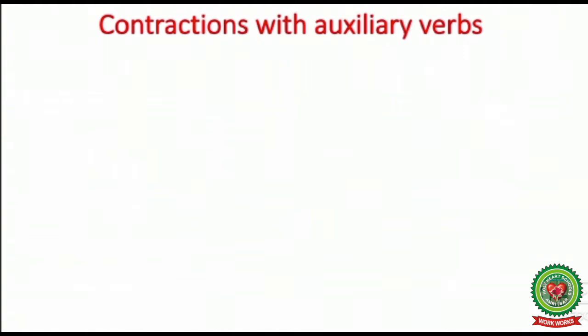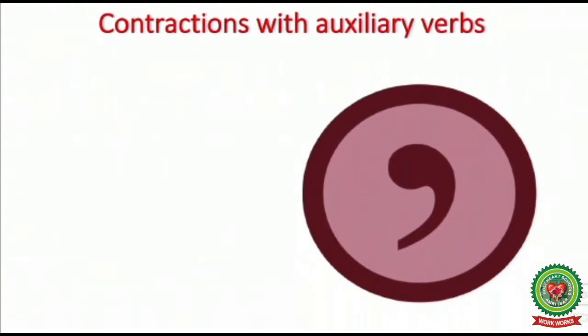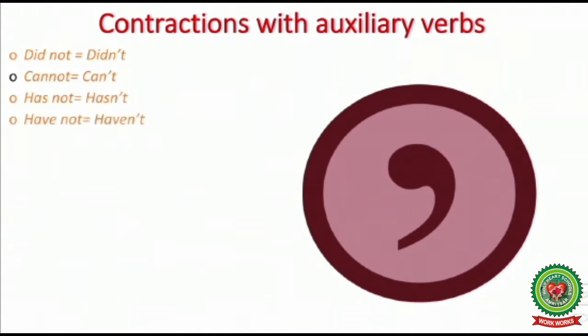Let us have a look at the negative contractions of auxiliary verbs. Students, let's take the first example. Did not changes to didn't. Cannot, can't. Has not, hasn't. Have not, haven't.